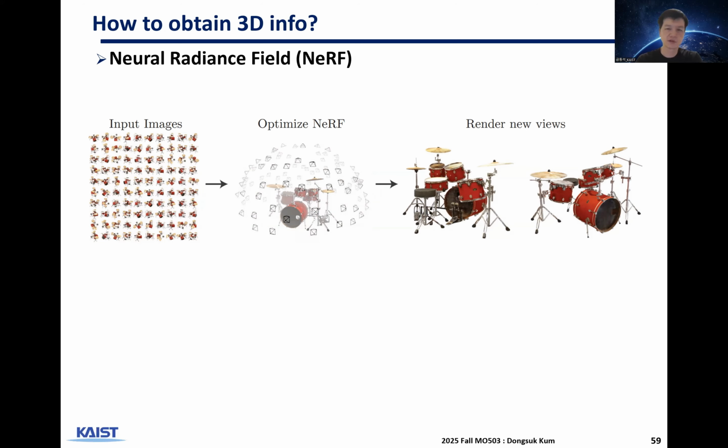This was novel view synthesis work, which means if you have multiple input images, you can train a model using these images, and then you can actually render new views because the model learned how this object is shaped in 3D space.